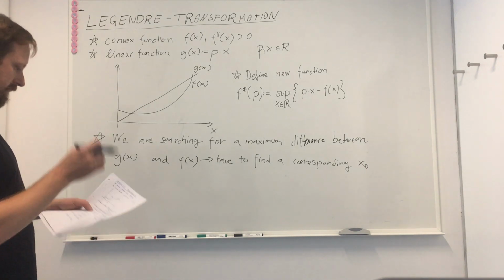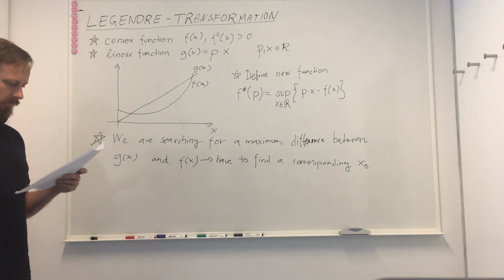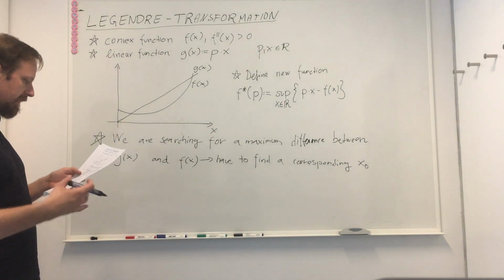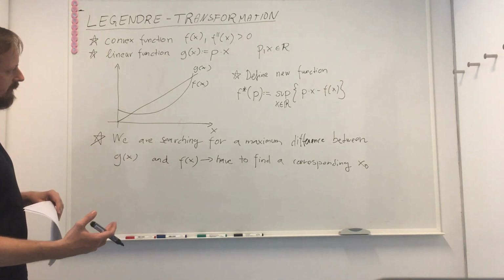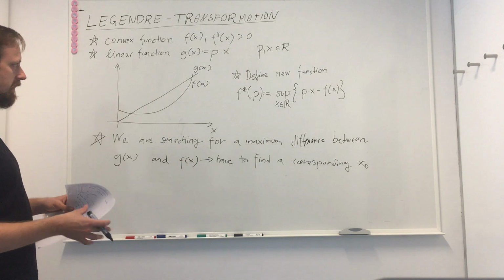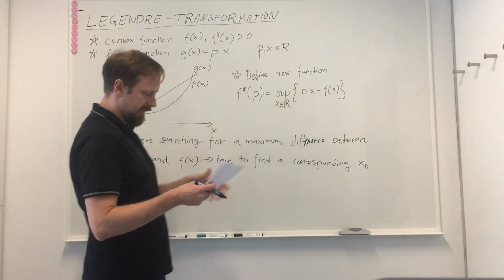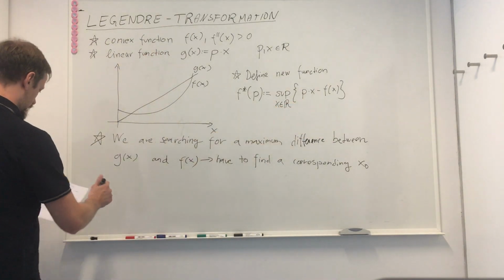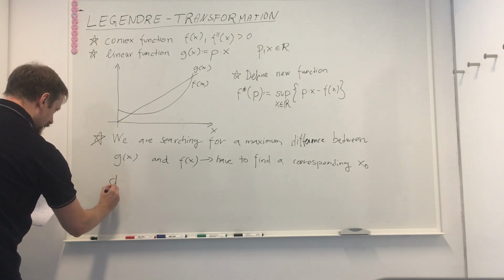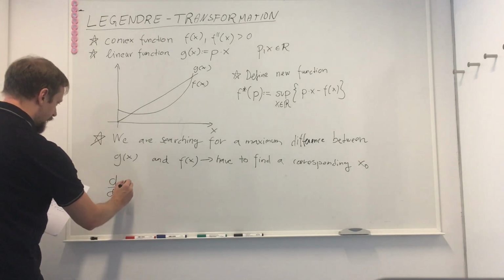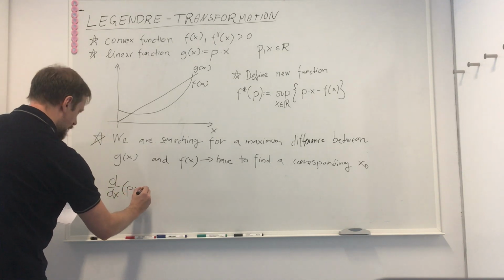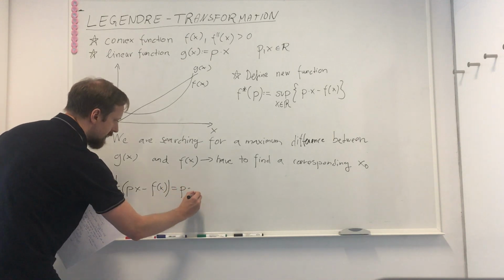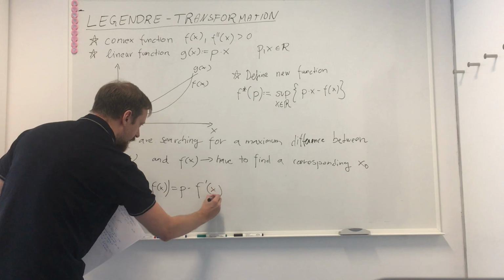So in the next step, we have to analytically find a maximum for this expression, and accordingly the x naught for which it is maximized. Therefore let's differentiate the term in the brackets. d over dx of px minus f of x equals p minus f prime of x.